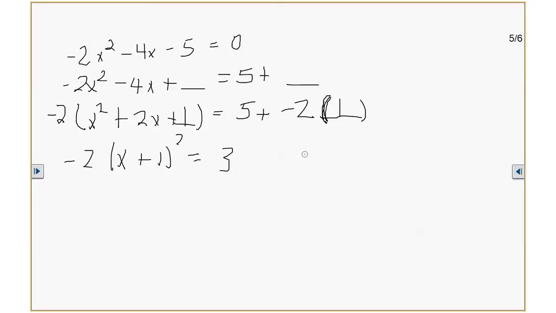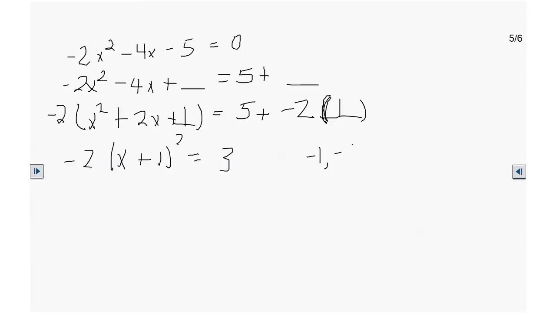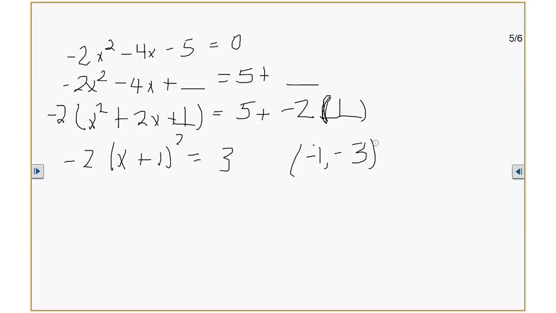And our vertex is -1, -3, and we do not have any what? Let me ask you a question. What if this was a -3? Would we have intercepts? No. Yes, we would. Because you divide by that -2, what does that turn that -3 into?